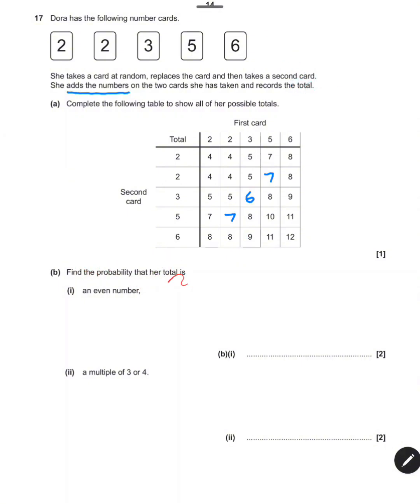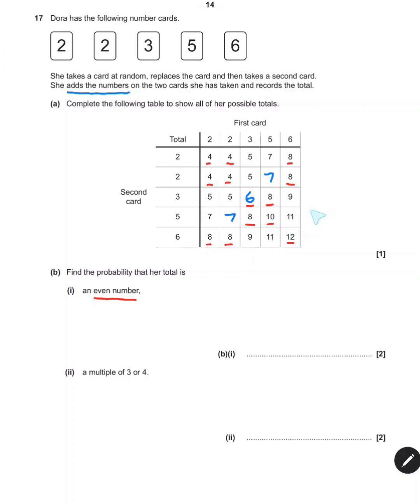In part B, we're looking for the probability of an even number. So I need to find all the even numbers in this table. So I'll just quickly go through my even numbers, picking out the ones that are in the 2 times table effectively.